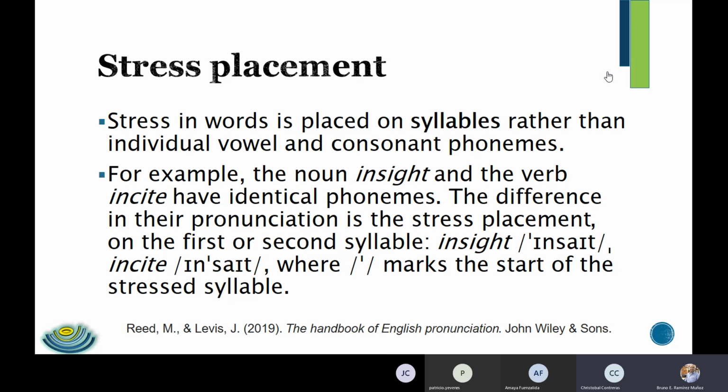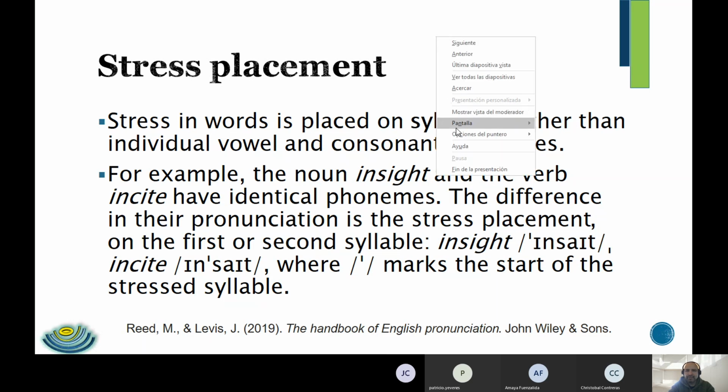Thank you so much, Cristobal. Exactly. Whenever we think about stress, we need to think about placing the stress on a syllable, not on one specific phoneme. And in some cases, where we place the stress is going to make a change in the meaning of words.